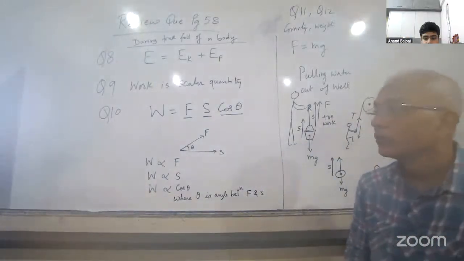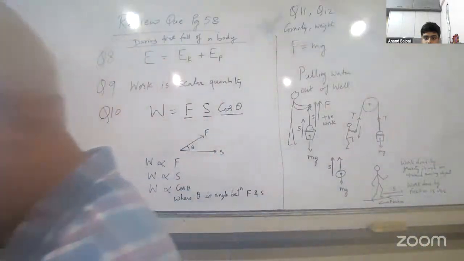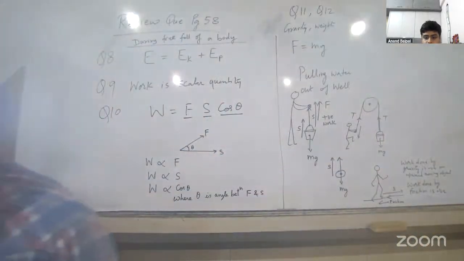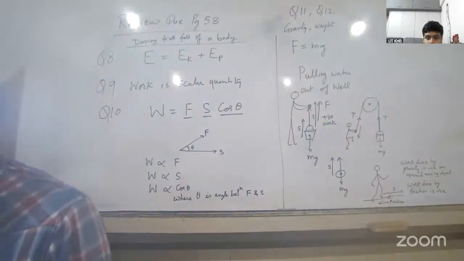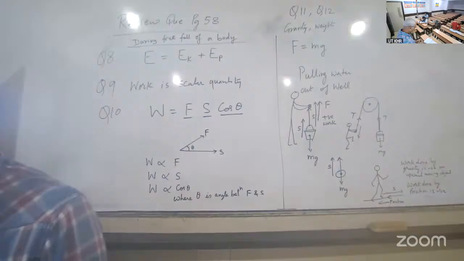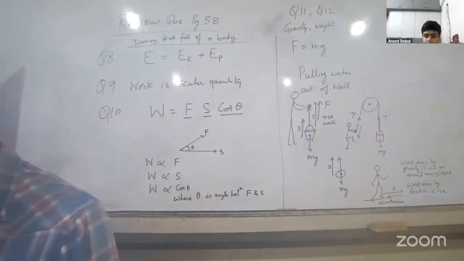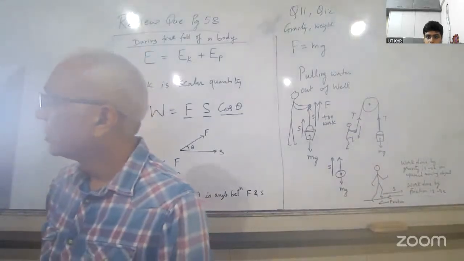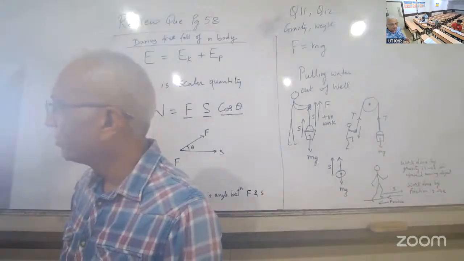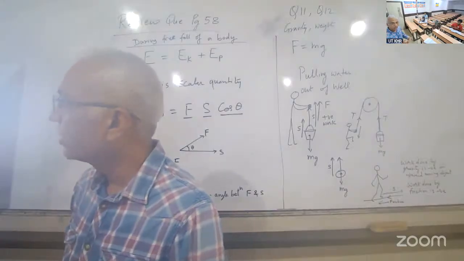Sir, 14, 15, and 16 can be done under the law of conservation of energy. Only 16 can be done under the law of conservation of energy. That topic is done separately before the conservation; we have used that knowledge in conservation.